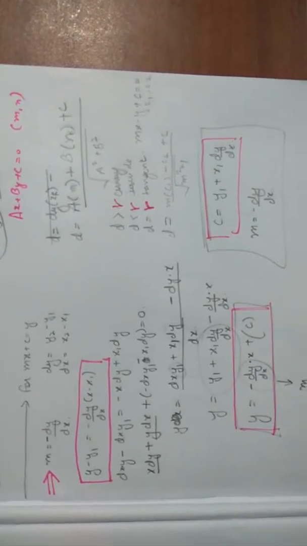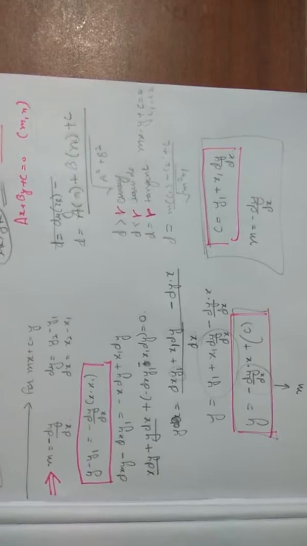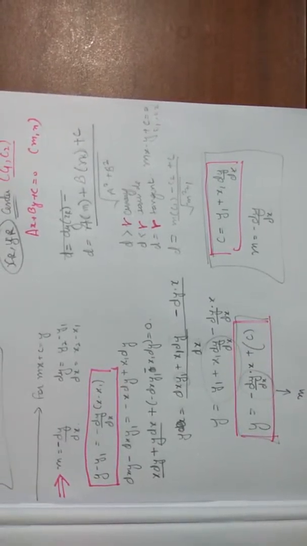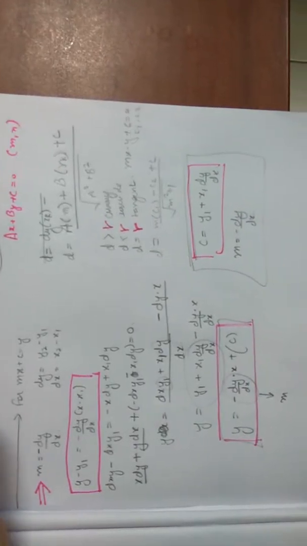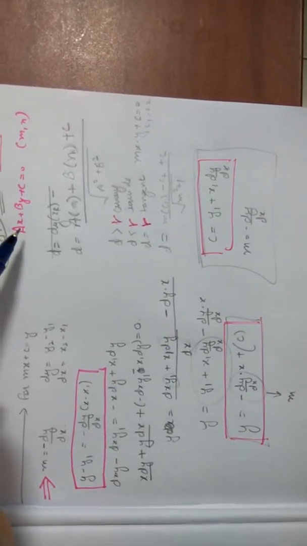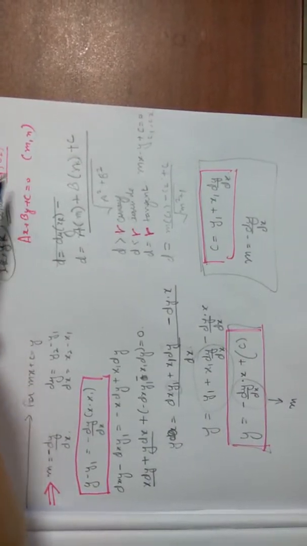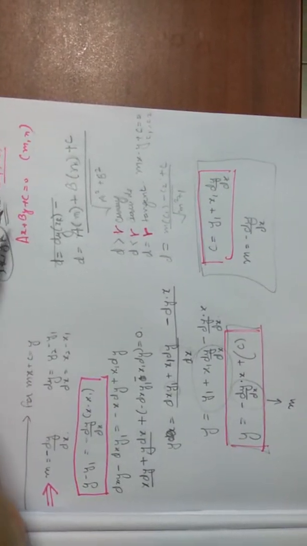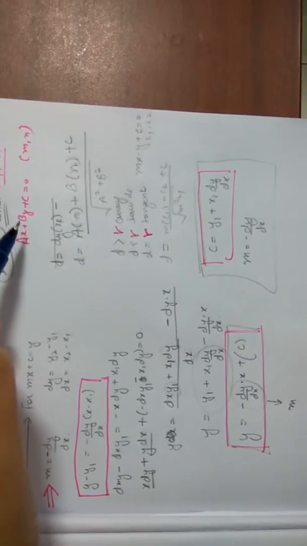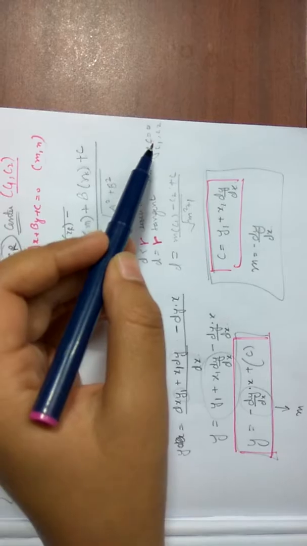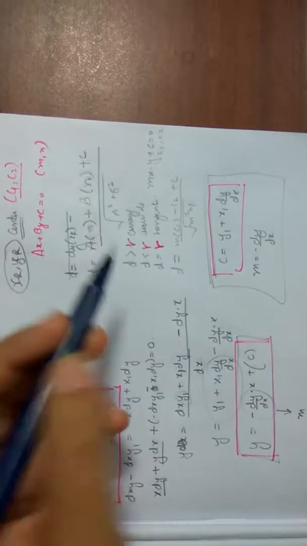Now for finding the distance of a line from a point, this is the generalized equation, as we can see, where the generalized equation of line is ax plus by plus c, and the point is (m, n). For us, (m, n) is the center of the circle, and ax plus by plus c is this equation, that is mx minus y plus c is equal to 0.